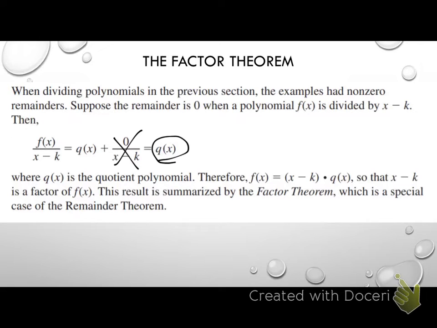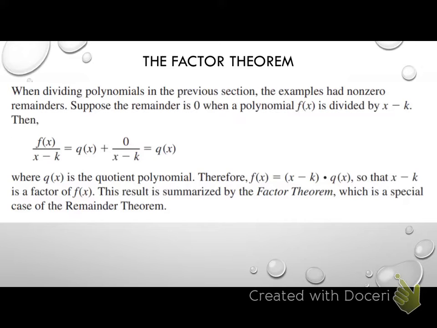Does that make sense? For our remainder 0, we just get q of x. Because if we put our remainder over our divisor, 0 over anything is 0, our polynomial plus 0 would just give me our polynomial q of x. Questions?